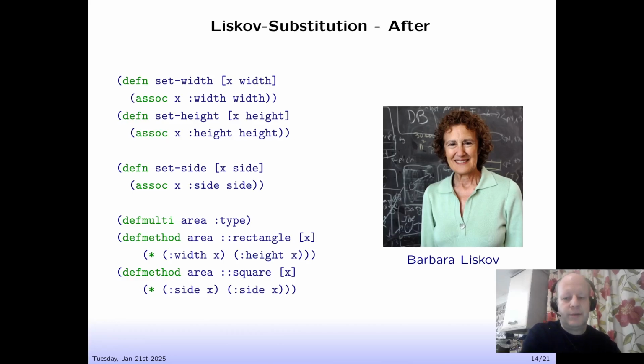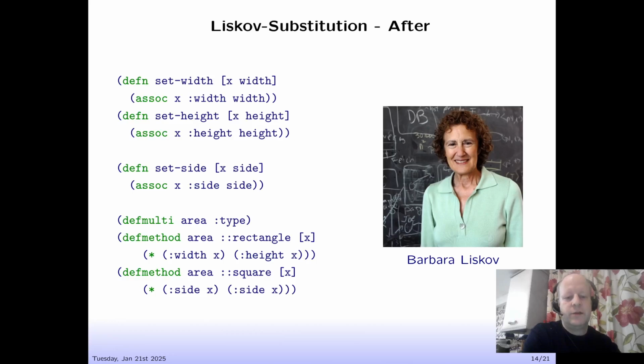So a better implementation which fulfills this Liskov substitution principle is to implement set width and set height just for the rectangle. And for the square we say set side instead. We just have one variable, which is the side of the square. And then we don't inherit the square from the rectangle. Instead we have two different implementations for the area, which are on different branches in the inheritance tree.